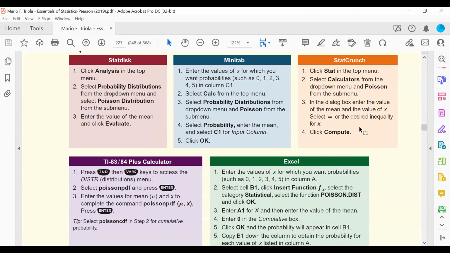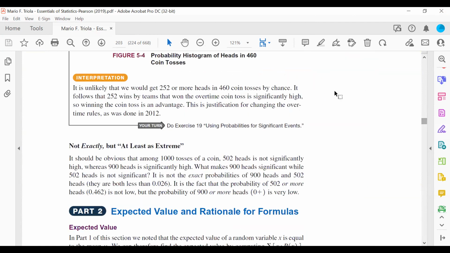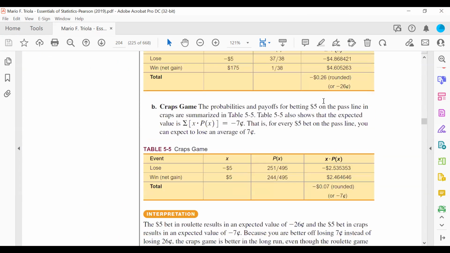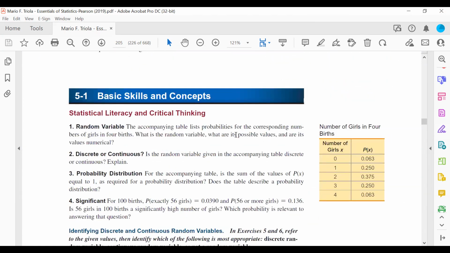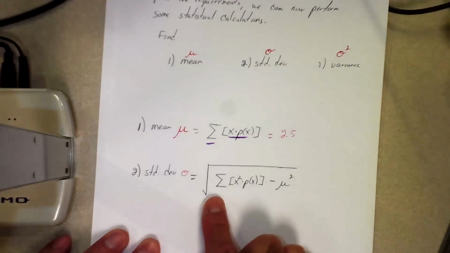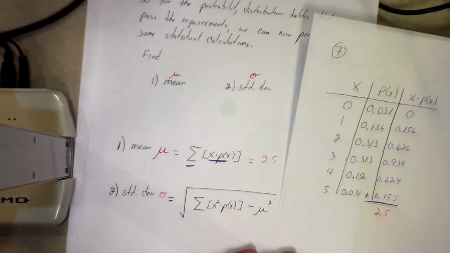Okay. So let's go back to our problem, and we're gonna add on to our table. All right, so here's our formula. Here's my table.